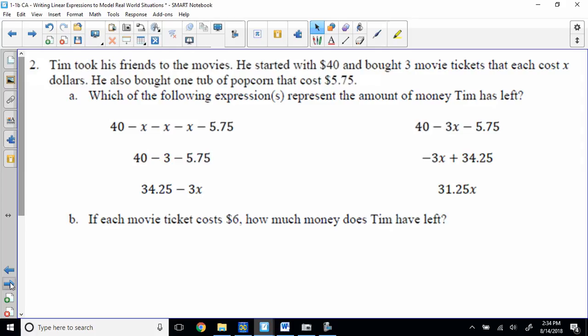Now, I need you to determine, there's 6 expressions up there. Anytime you see a parentheses S, that means there's a high probability that there may be more than 1. That's exactly right. So we need to figure out which expressions represent the amount of money Tim has left. Okay?